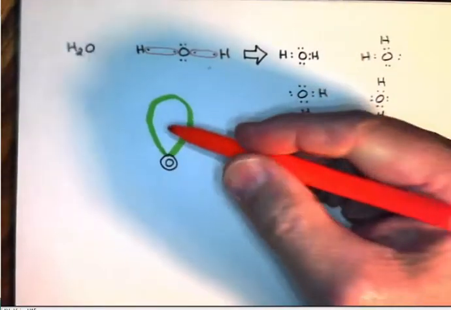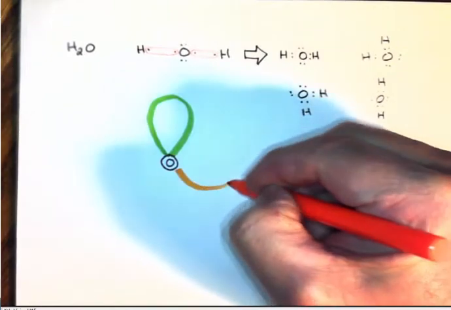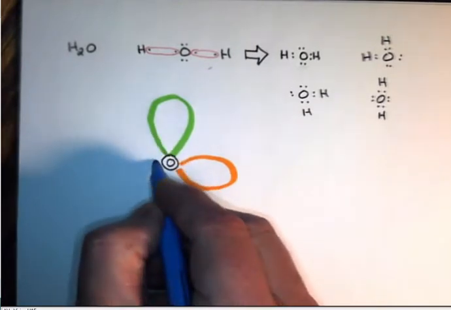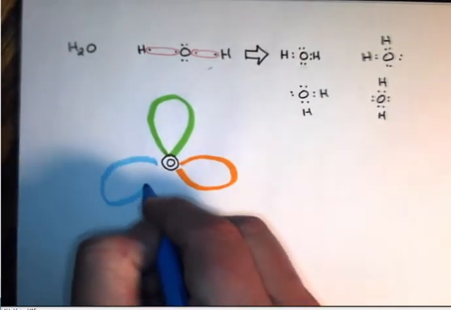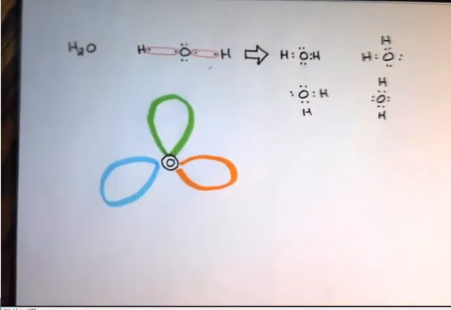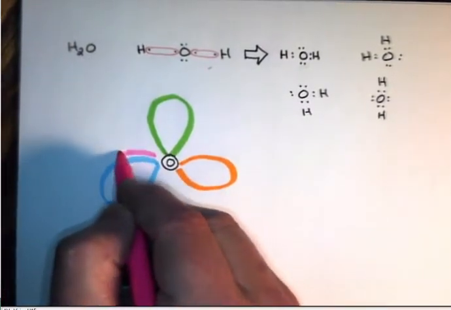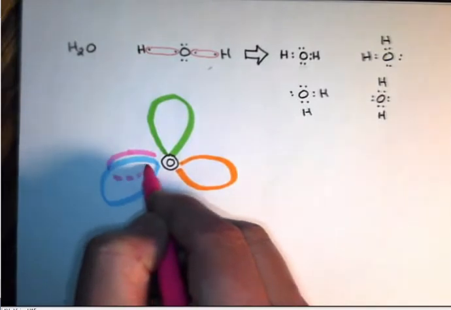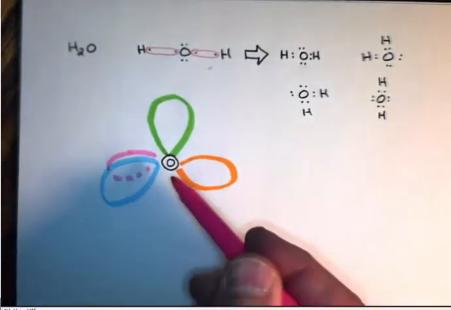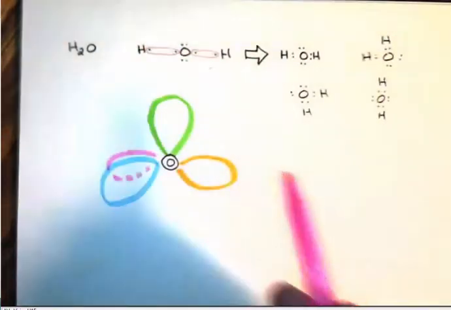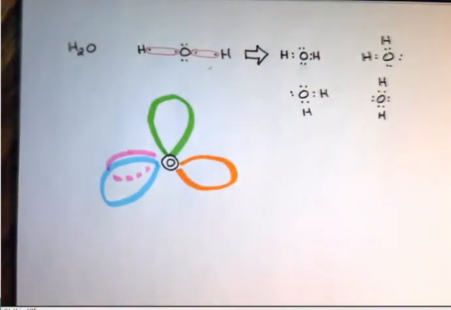We've got one that goes in this direction. We've got one coming out toward you. It's kind of hard to see that when you're drawing this on a flat piece of paper, and then one back behind that, so that all of these are at 109.5 degrees apart. If I were to put a needle directly to the center of each of those, we'd have angles that are 109.5 degrees apart.